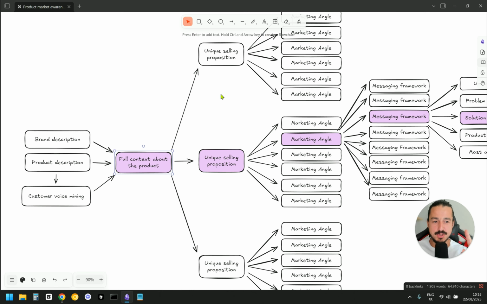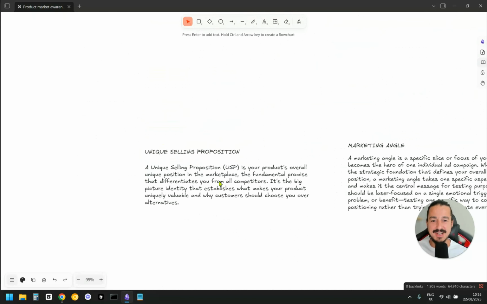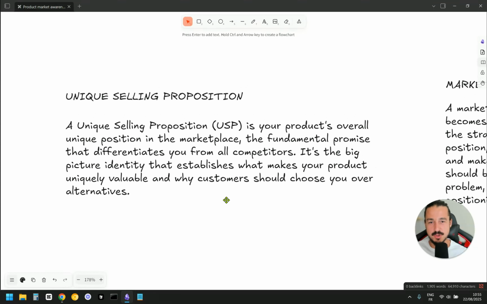What are selling propositions? Before you ask, let's read a short description so we are all aligned. So a unique selling proposition, USP, is your product's overall unique position in the marketplace, the fundamental promise that differentiates you from all competitors.